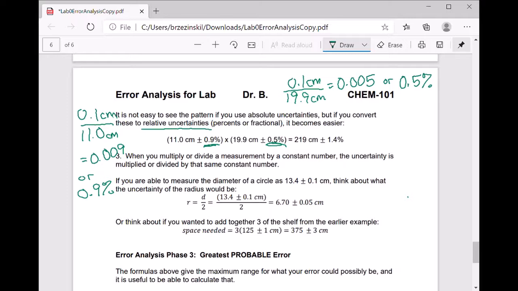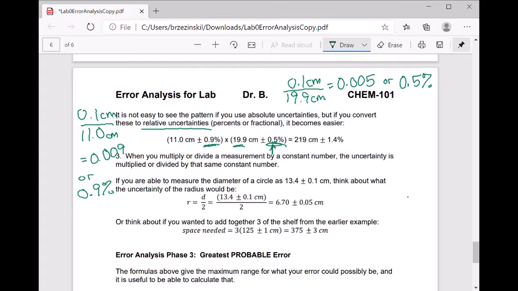So even though both of those uncertainties are the same, absolutely, the absolute uncertainty is 0.1 centimeters for both, with the longer measurement of 19.9, it's actually a smaller percentage. Just like missing 5 points on a 50-point quiz is not as big a percentage as missing 5 points on a 10-point quiz. So we have different relative percentages.